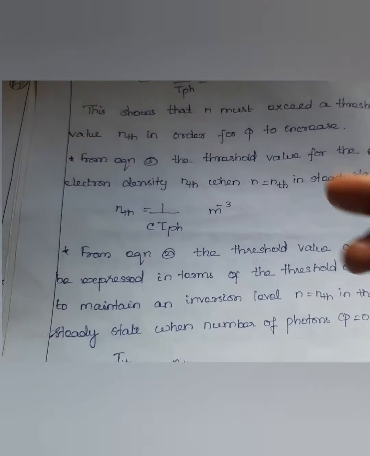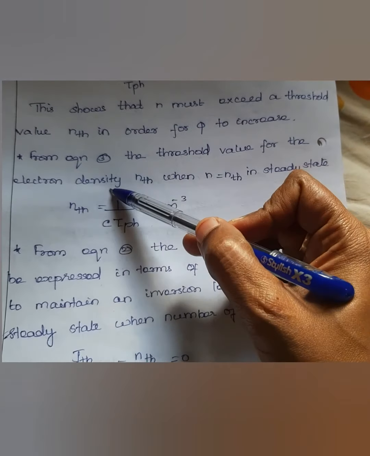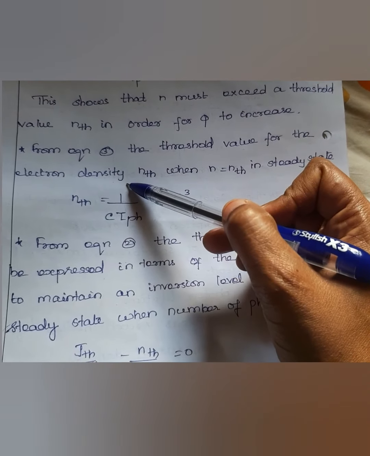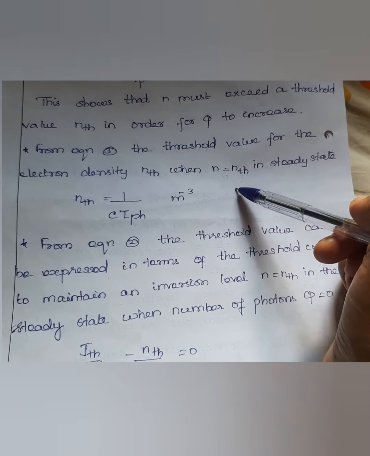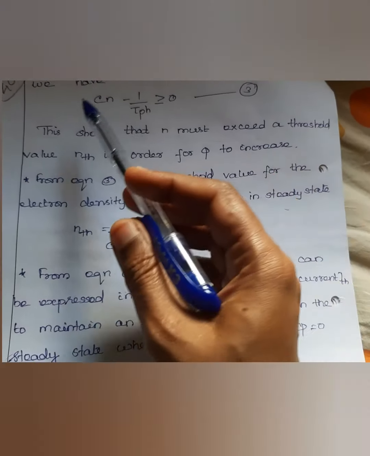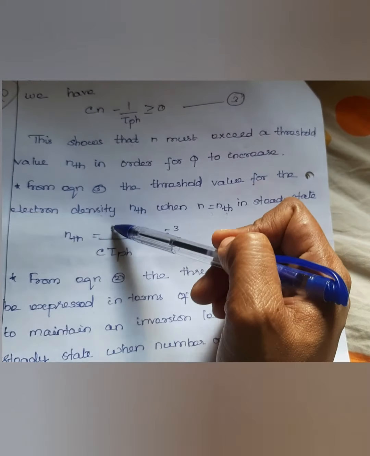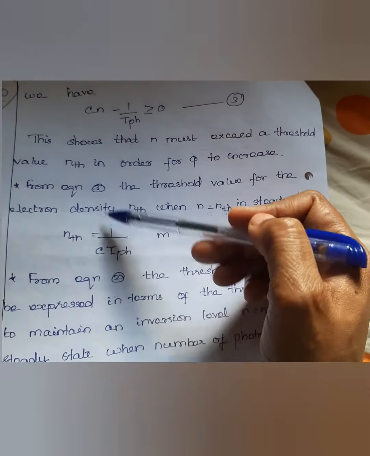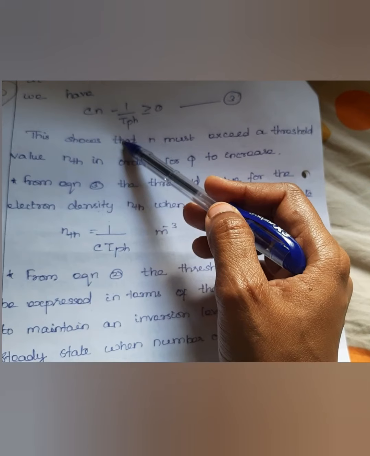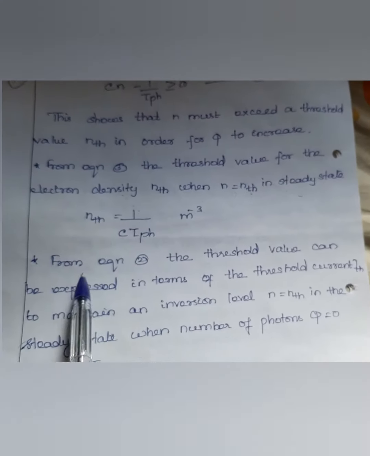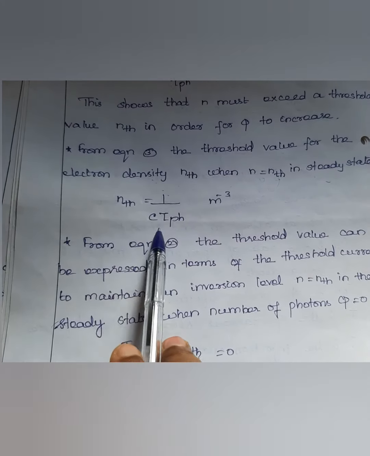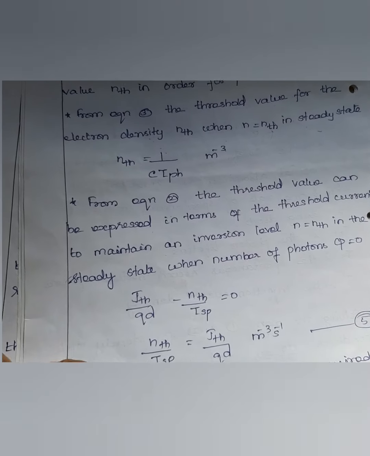From this you can find the value of electron density, where n is equal to nth in steady state. So substitute n is equal to nth, take 1 by tau ph to the other side, and take C to the other side. So you get the electron density value nth is equal to 1 by C tau ph.